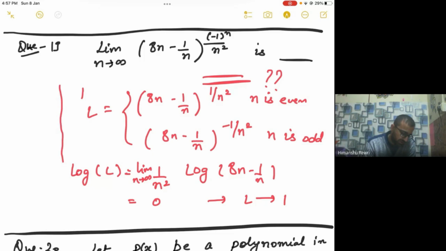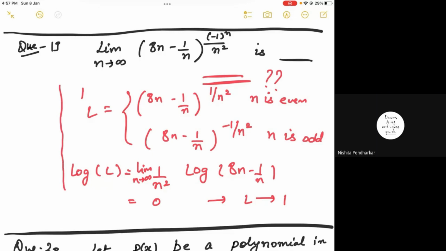Sorry, how will you do it? Can you explain again? Sir, I said we have been given the power minus 1 raised to n upon n squared. Right. And if we directly put n squared in the power term, n squared tends to infinity, so the whole power becomes 0, because anything raised to anything upon infinity becomes 0. And anything raised to power 0 is 1. So, can we do it like this? I don't think so.